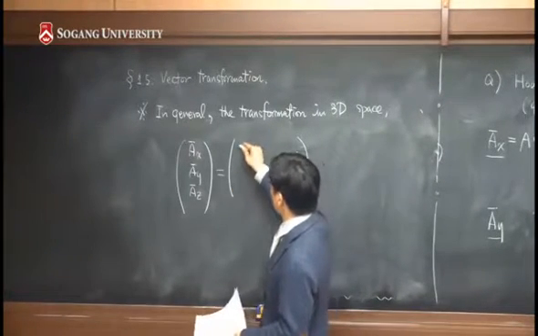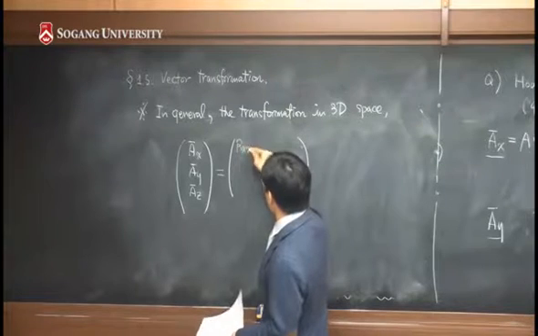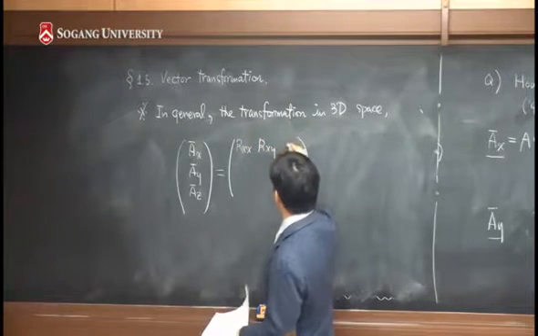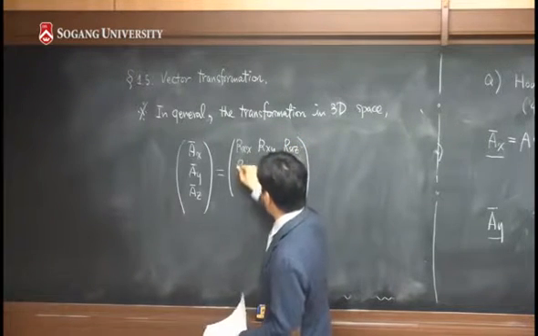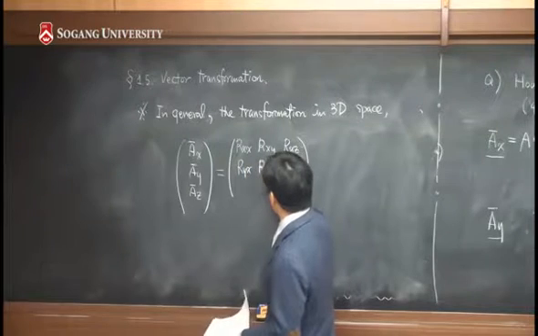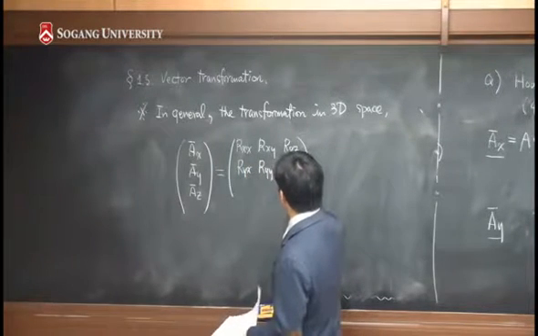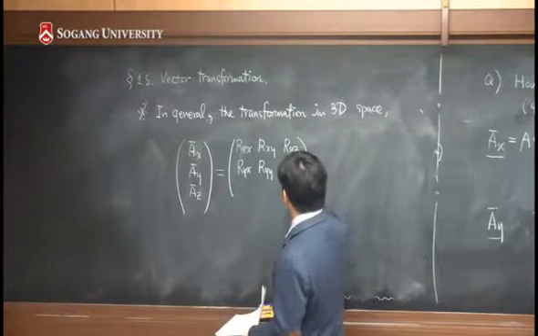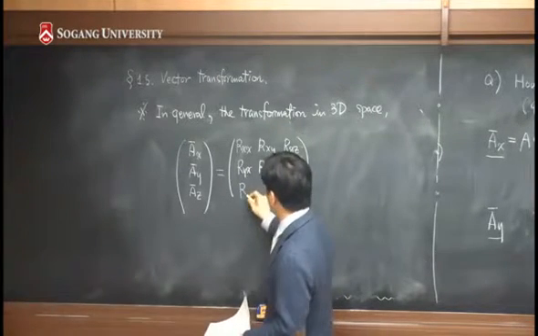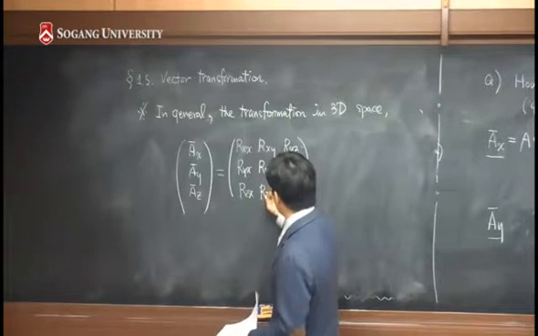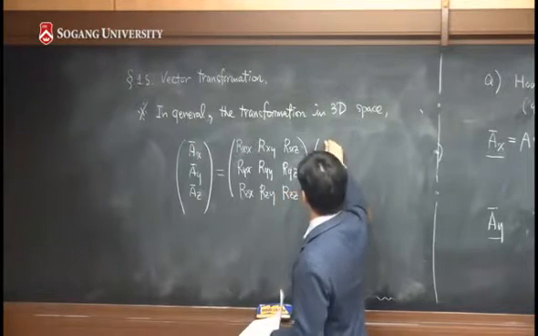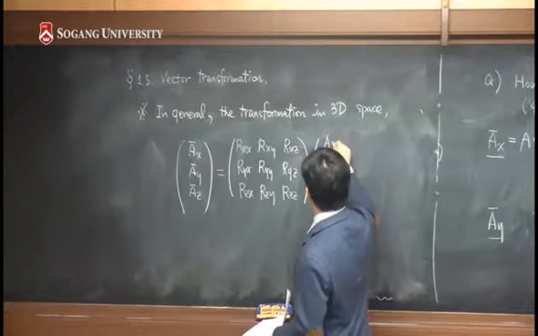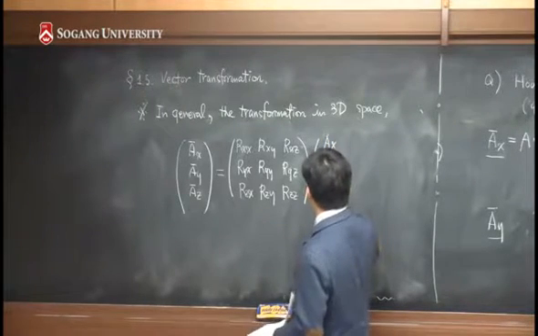So let's say R x x, R x y, R x z, R y x, R y y, R y z, and R z x, R z y, and R z z, times a x, a y, a z.